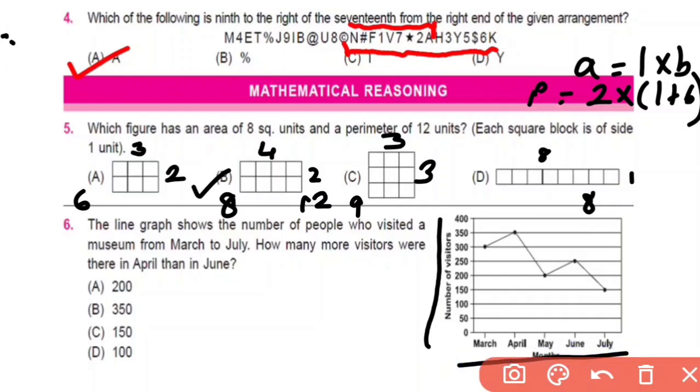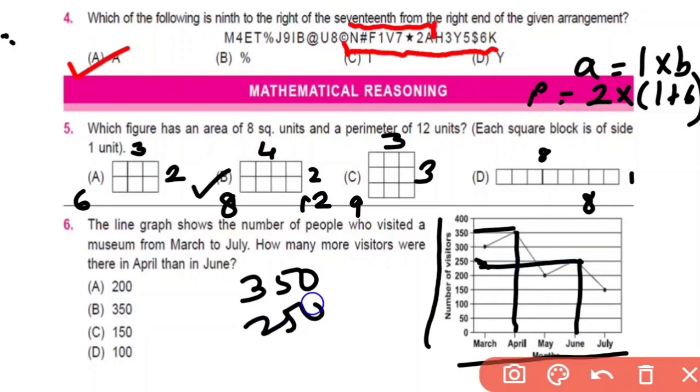In April 350 people visited the museum, and in June 250 people visited the museum. So 100 more visitors were there in April than in June. So option D is correct.